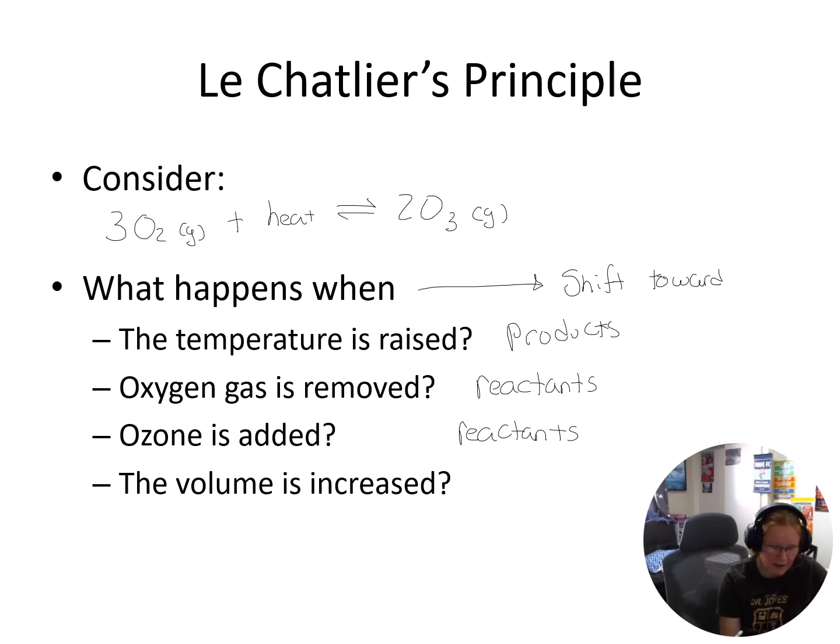Okay, and now what about volume? What if I increase the volume? Well, remember we have this PV equals nRT. And we've learned that if we solve for R, we get PV over nT, which means that volume and moles are directly proportional. So if my volume goes up, my moles goes up.